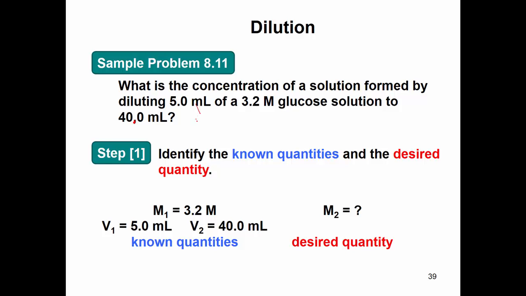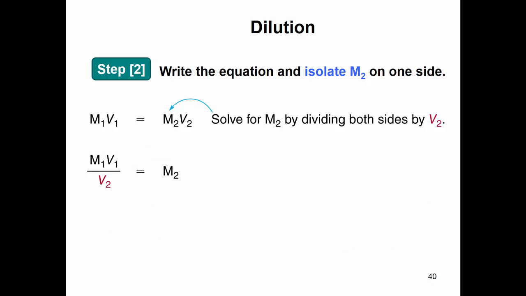Here's my V1, that's my initial volume. Here is my initial concentration, and here is my V2. So I am looking for M2, so that's my final concentration. So pretty useful here. We can figure out what the concentration is going to be after we change the volume. We dilute it. We start with 5 milliliters and then it goes to 40.